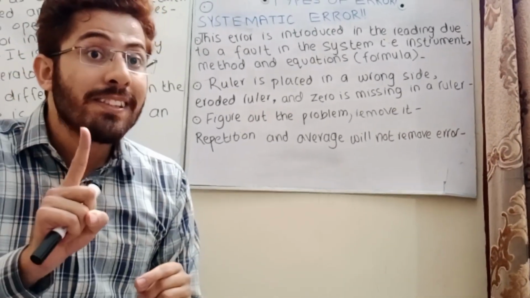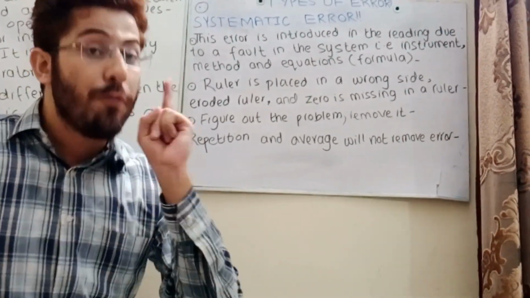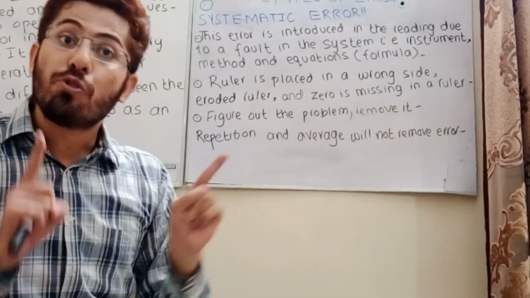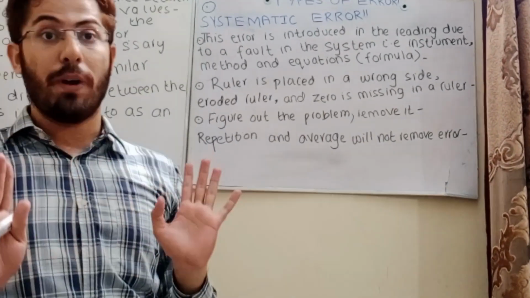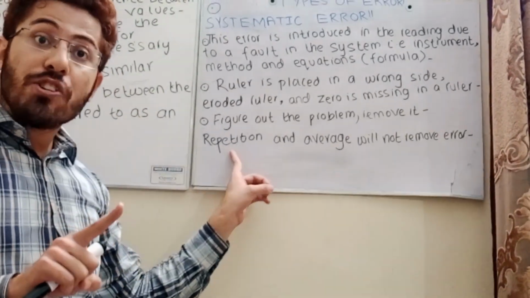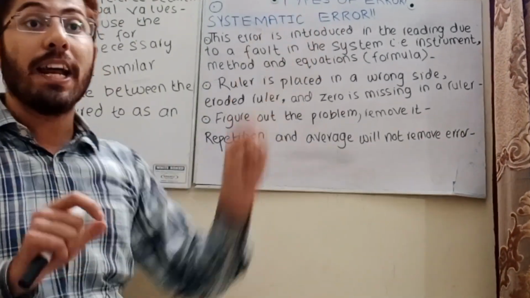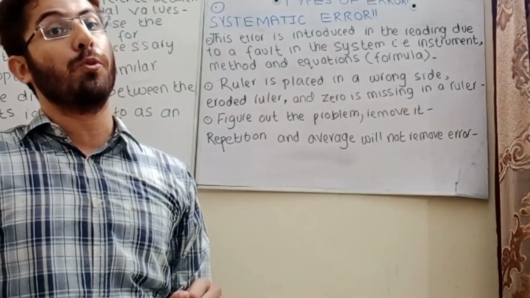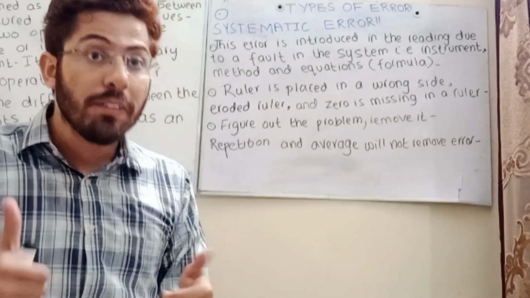The solution is this, student. Carefully listen. Figure out the problem and remove or change the instrument. So taking the average or repetition will not solve this error. For systematic error, it means that the instrument will be removed. I hope you got it.